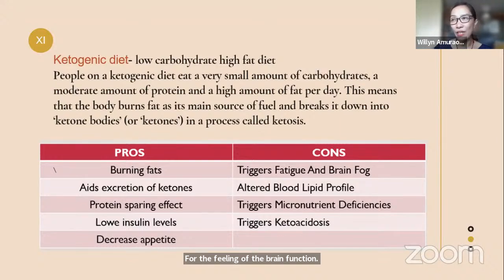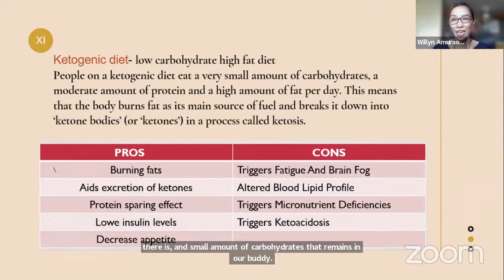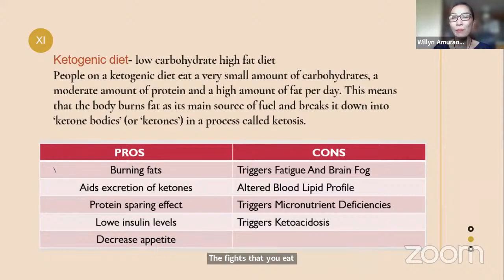So what will happen here is, if there is only a small amount of carbohydrates that remains in our body, the fats that you ate, plenty of fats, will be converted into ketone bodies. Okay?